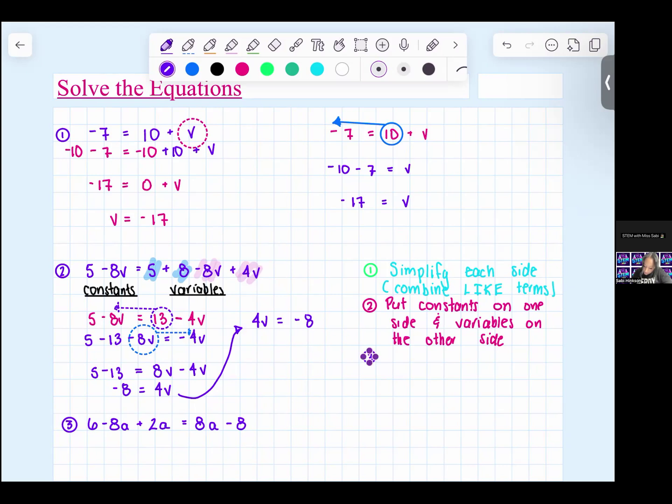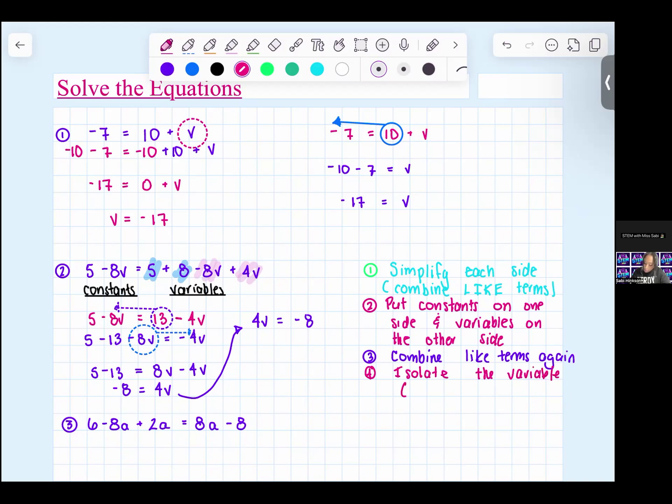So simplify or combine like terms again after you've done the rearranging. And then I am going to isolate the v. So isolate your variable. When we say isolate the variable, what we mean is we want it by itself.